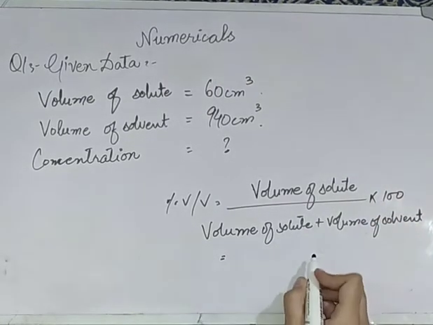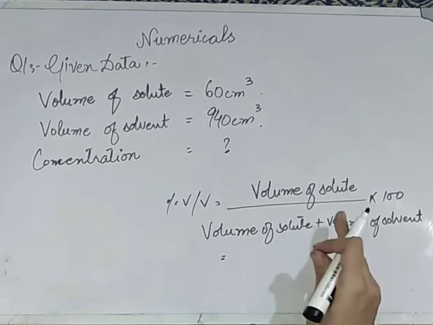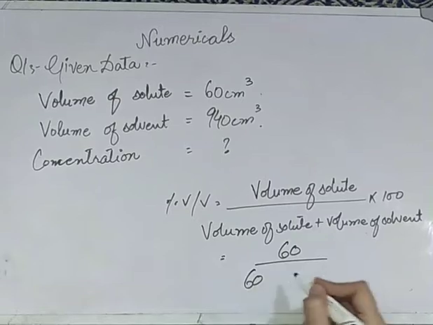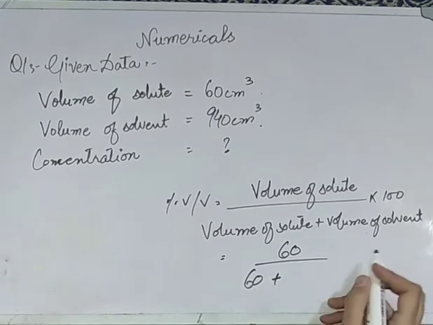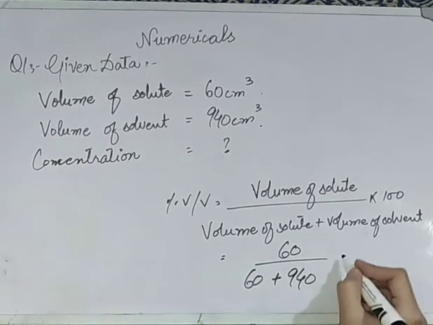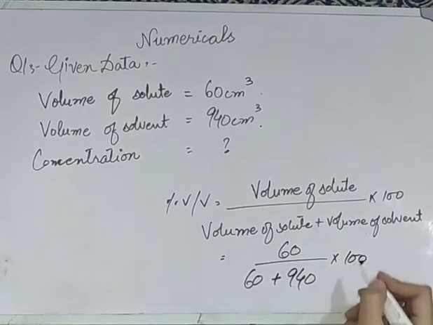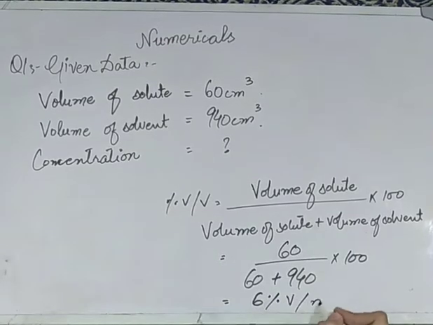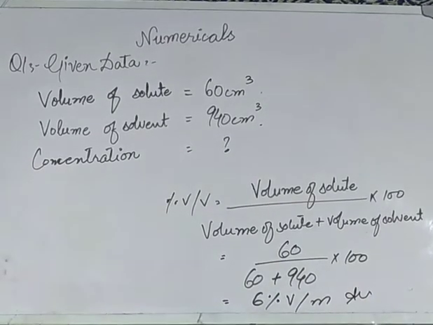We'll put the values in their places. Volume of solute is 60, plus volume of solvent 940, multiplied by 100, and we'll get the answer 6%. Volume over volume. That is the answer of our second problem.